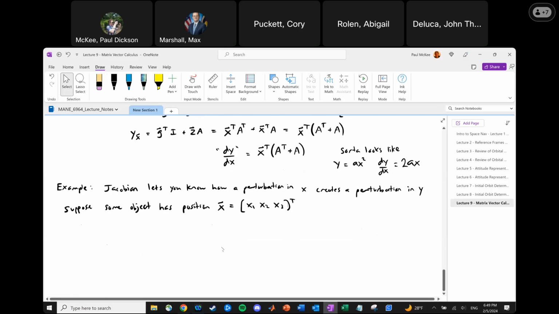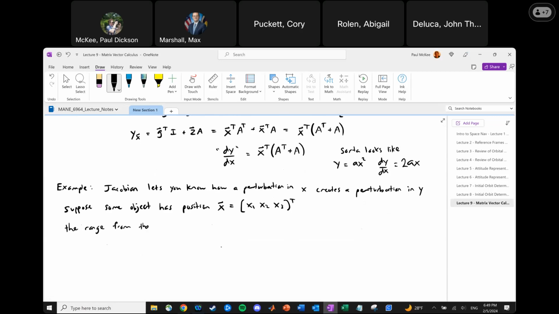Well, then in that case, the range from the origin to this object is the length of the vector x.